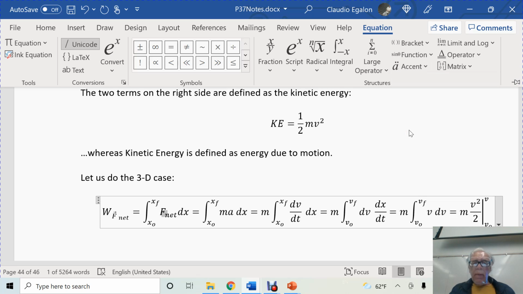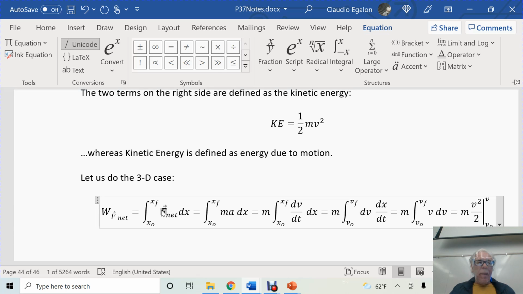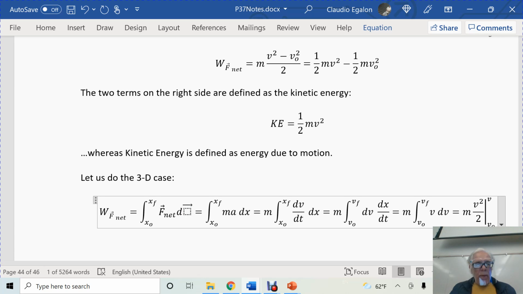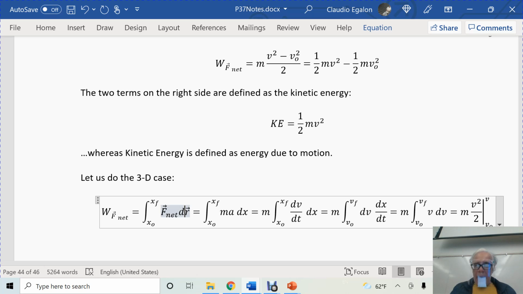So the work would be the integral of F net dot dr. You put dr here, right in here, but I gotta put the dot there now.